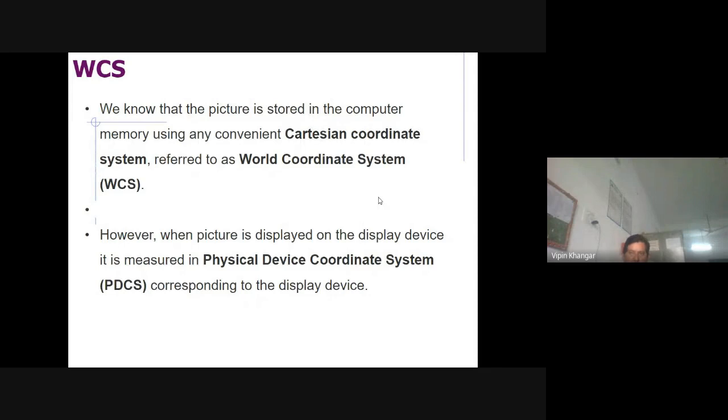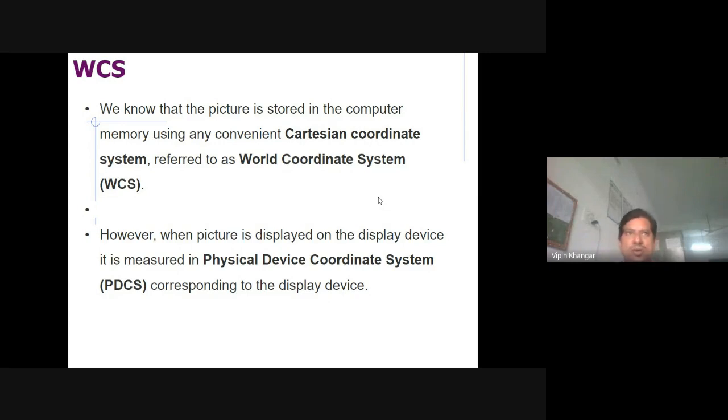Though the picture is stored in memory, when it comes to display, it depends on the device. On a mobile there is a limit on the screen, maybe 6 or 6.5 inches. A laptop has a larger screen, and a desktop has a bigger screen still, or even several screens. So the physical device coordinate system is different from the world coordinate system. That is the concept we have to understand here.